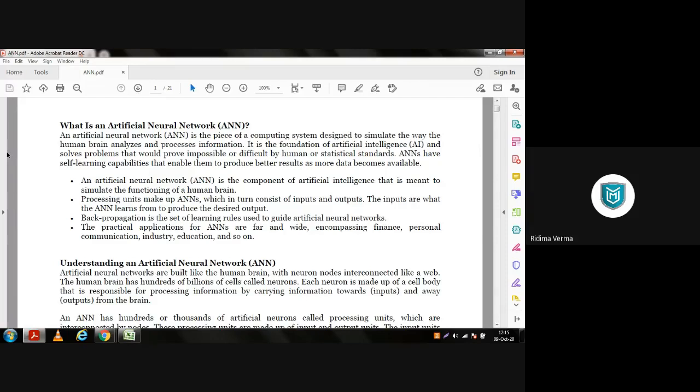So that is why artificial neural networks act as the foundation of artificial intelligence and solve problems that would prove impossible or difficult by human or statistical standards.